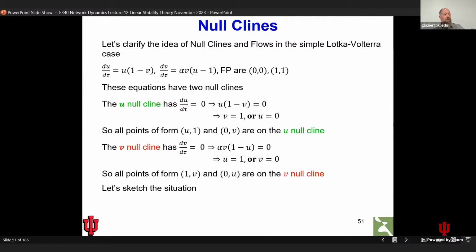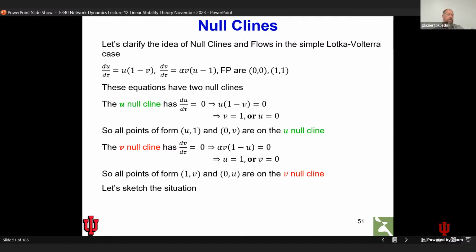That means u times 1 minus v is 0, and there are two possibilities. If v is equal to 1 and u is anything, that gives me a line where it's 0. Or if u equals 0 and v equals anything, I also get a line. So I actually have two lines. There are two null clines coming out of this.